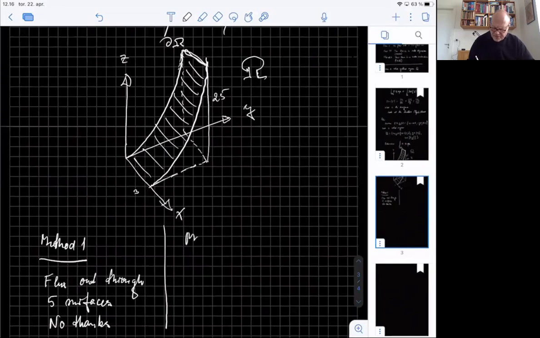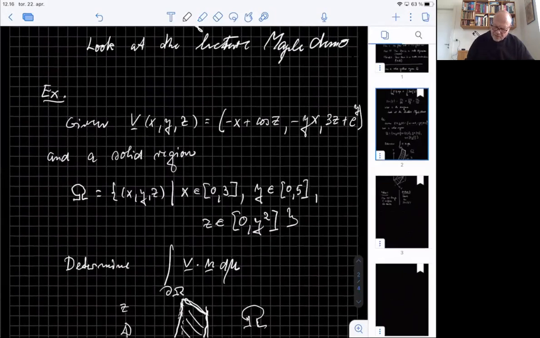The second method is that you use Gauss's theorem. And we'll do that, but let's look at the divergence of your vector field. So you have to take the derivative of the first component of V with respect to x, that will be -1.